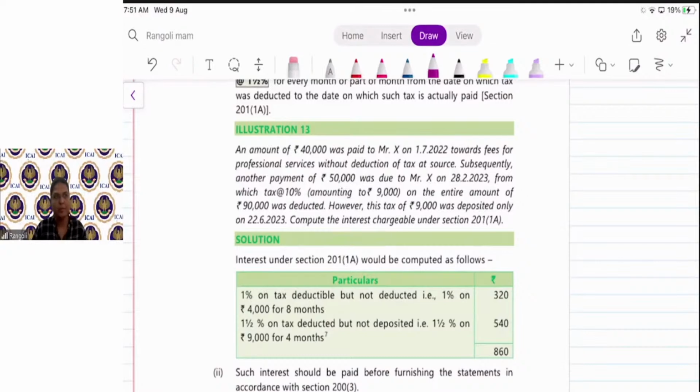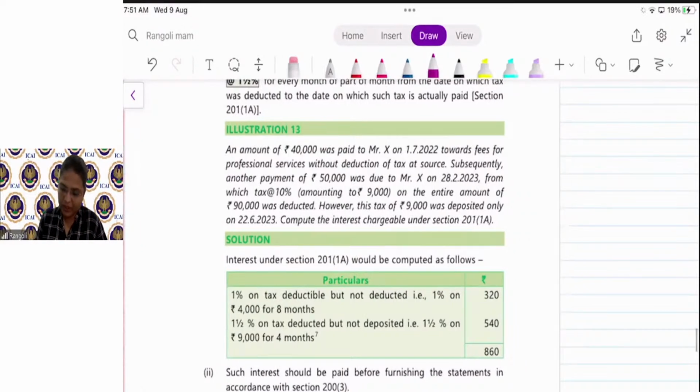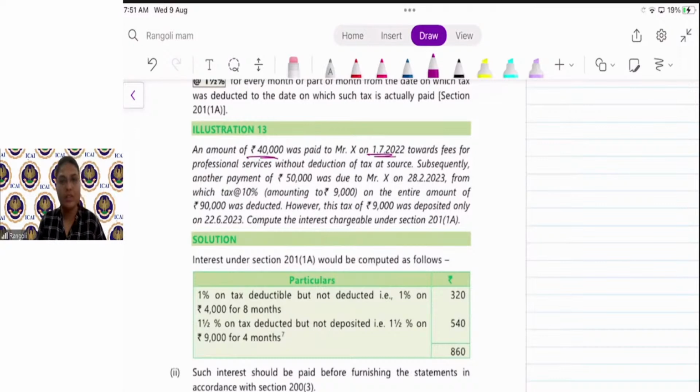Kavita, 200 rupees is the late filing fee. It is for TDS return filing, not for deduction of TDS. So now the 40,000 payment was made on 1/7/22. So TDS is required to be deducted on 1st July 22 at the time of payment because the date of credit is not given. Yes or no?